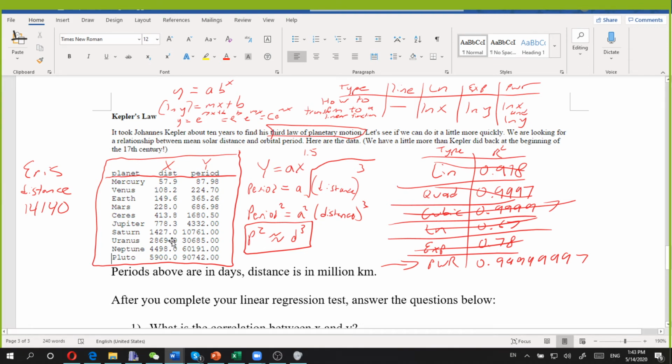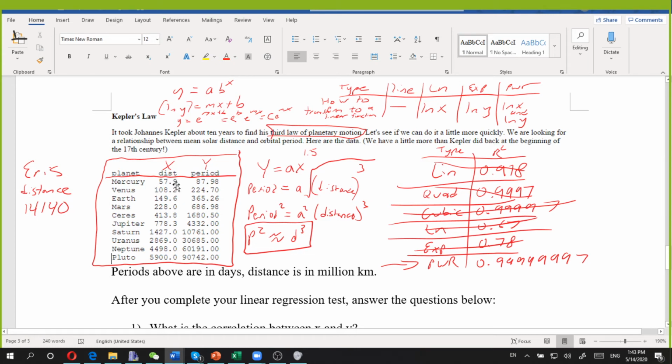We built this relationship with distances between 57.9 million kilometers from the sun and 5,900 million kilometers from the sun. Is Eris within that range or outside that range? Outside that range. Okay, so we do have enough evidence to say that this relationship holds true with our original distances.